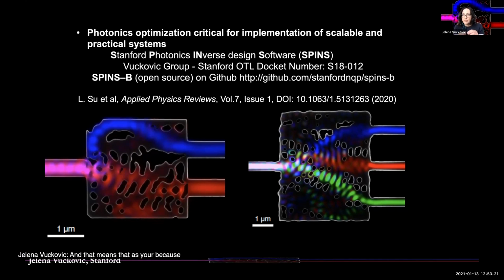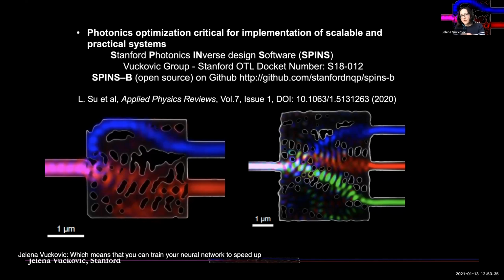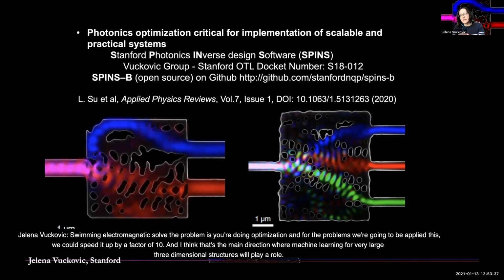The perturbations that you do in each step are not so large, right? You do a little bit of perturbation, so your field in the next step of optimization is very similar to your field in the previous step, which means you can train your neural network to speed up solving the electromagnetics of the problem as you're doing optimization. For the problems where we applied this, we could speed it up by a factor of 10. And I think that's the main direction where machine learning for very large 3-dimensional structures will play a role.